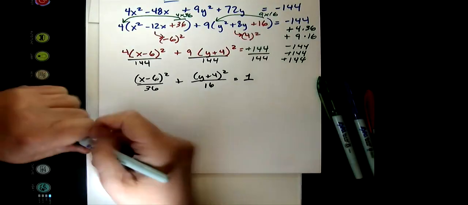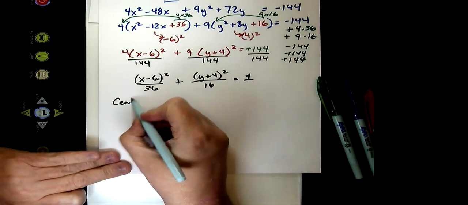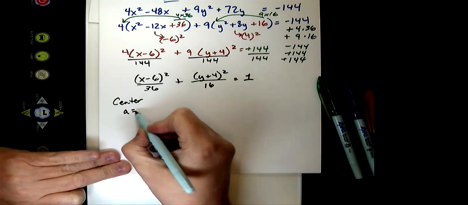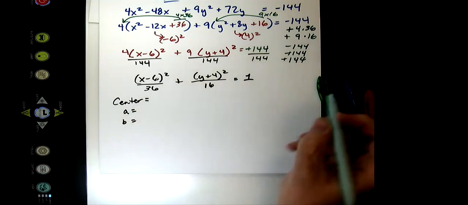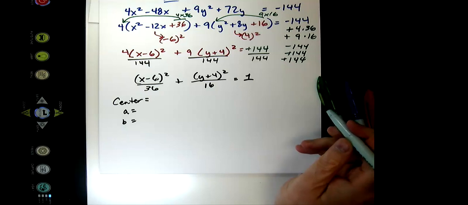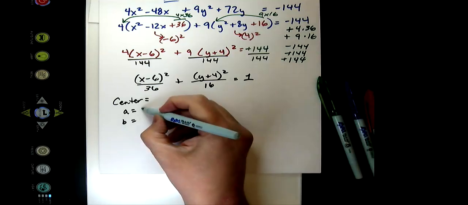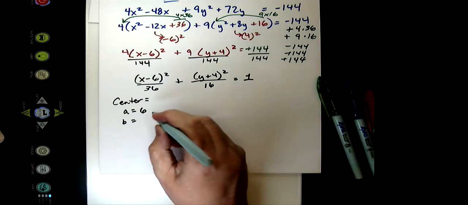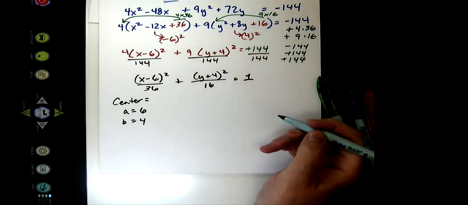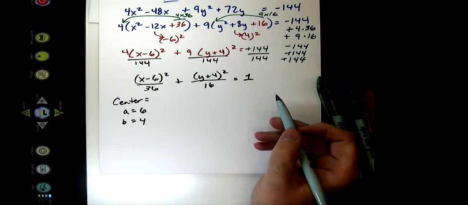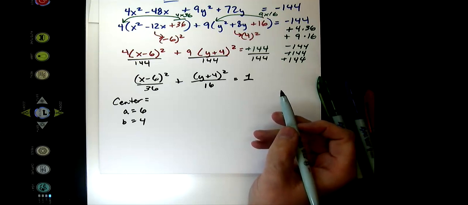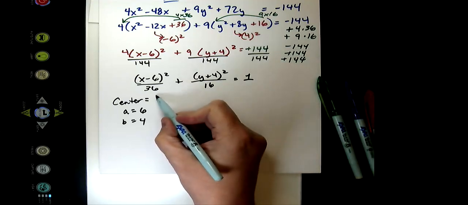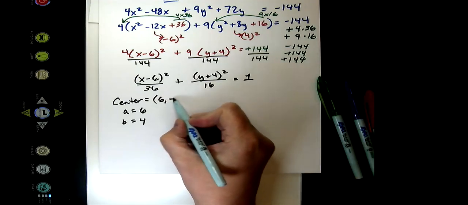So what's our center, and what's our A and what's our B? A is 6. A is 6. B is 4. Where's the center? 6 and negative 4.